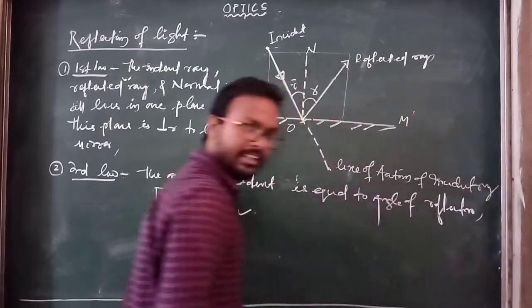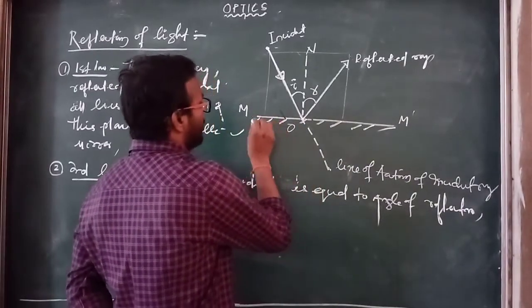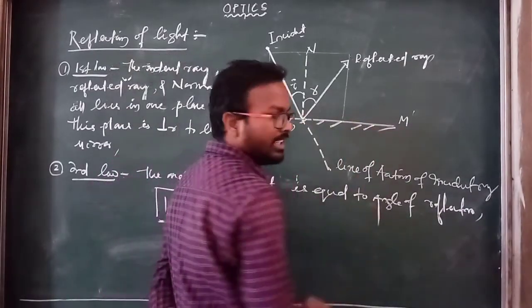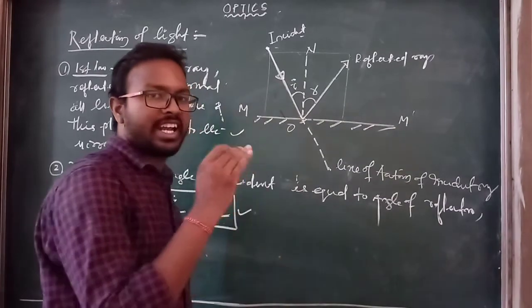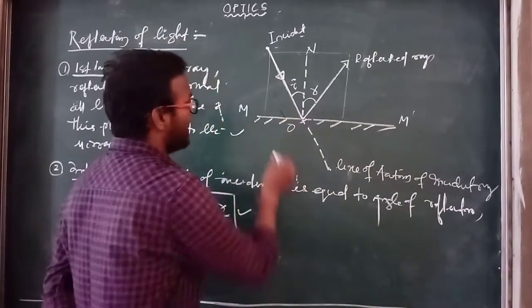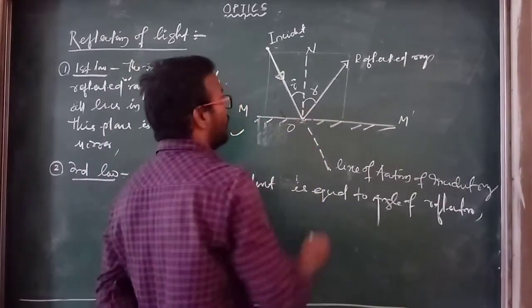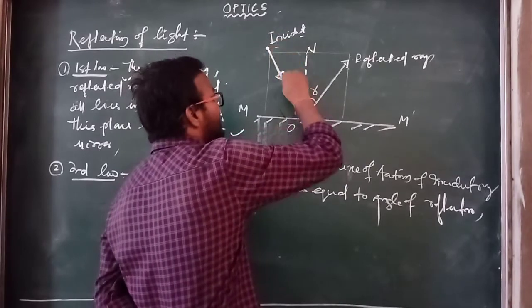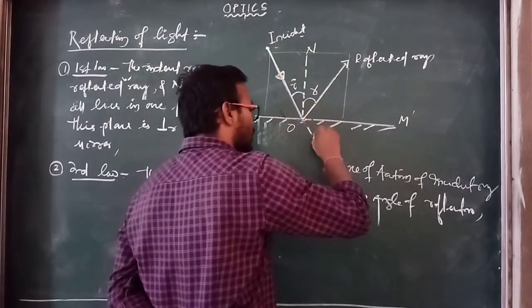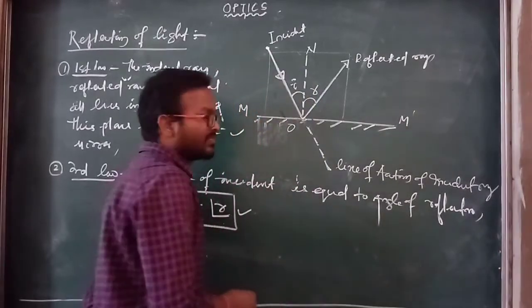Clear? If there is no obstacle, light passes through a medium in a straight line path. But here there is another medium, and this medium is opaque. If you draw this incident line, it is known as the line of action of the incident light.